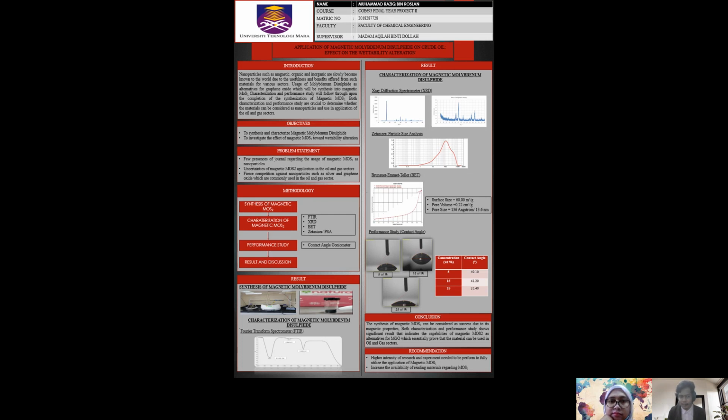I read a lot about nanoparticles, and when my supervisor decided that I needed to perform an experiment, I was delighted because I could learn how to synthesize one of the nanoparticles.